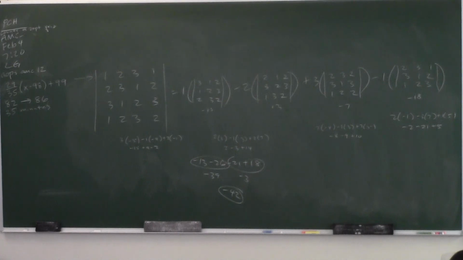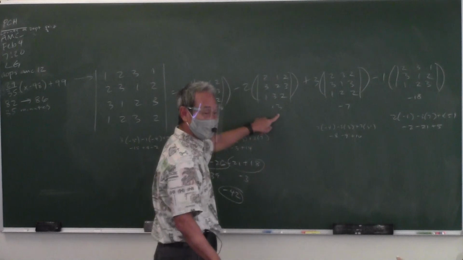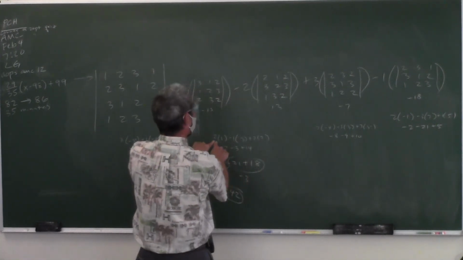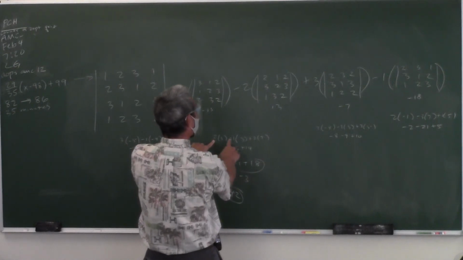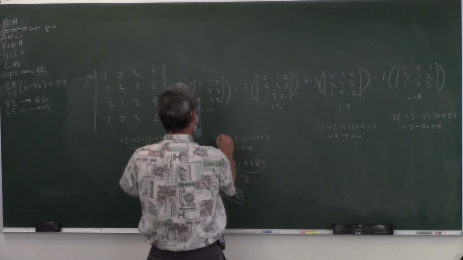-18. We did something wrong then. Come on, you guys said you got those numbers. Okay, which one is wrong? This one is wrong. Okay, wait, let's do it again. 2 times, okay, 2 times, oh, this is not 1, that's 4. This is -5.